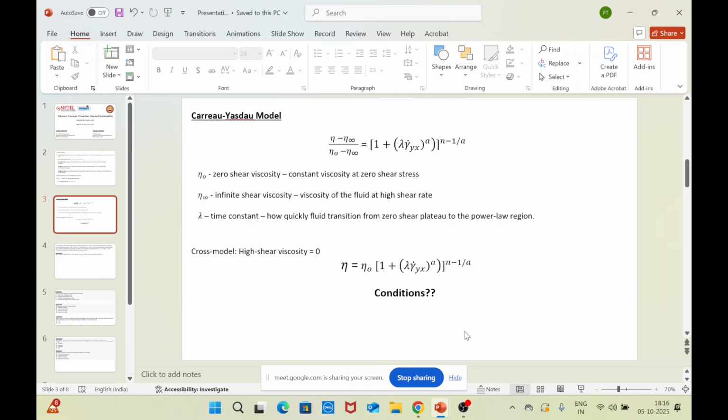So think about this, in which condition, think in line with polymer systems. Apart from this model, there is also another model called the Herschel-Bulkley model. That also describes the rheological property of polymeric systems.